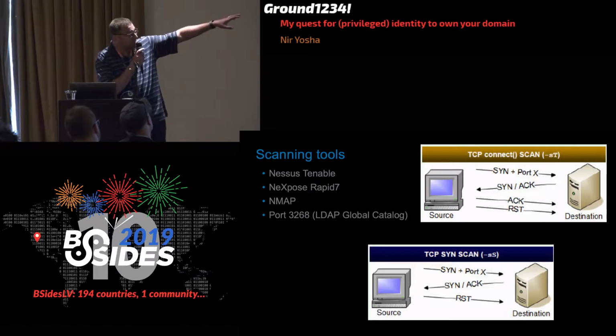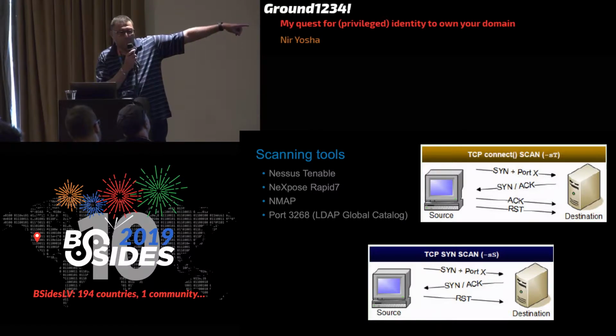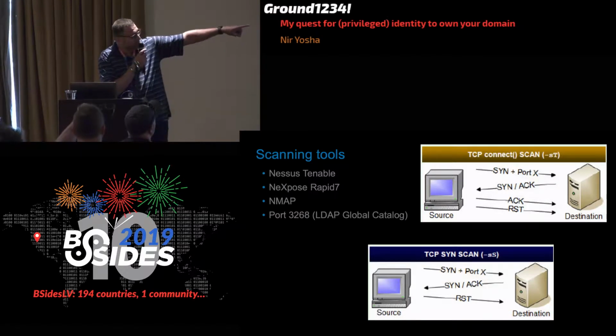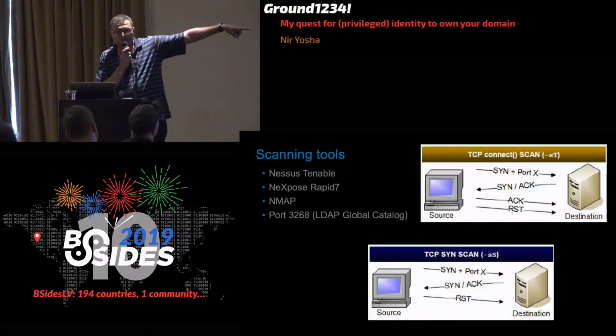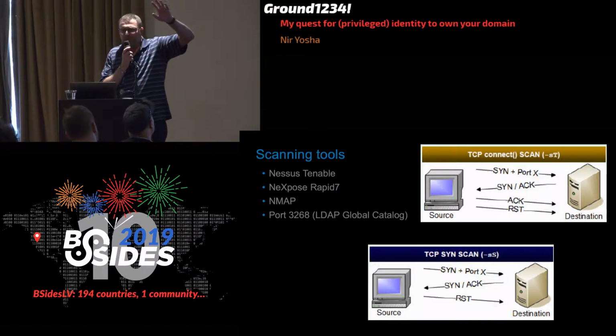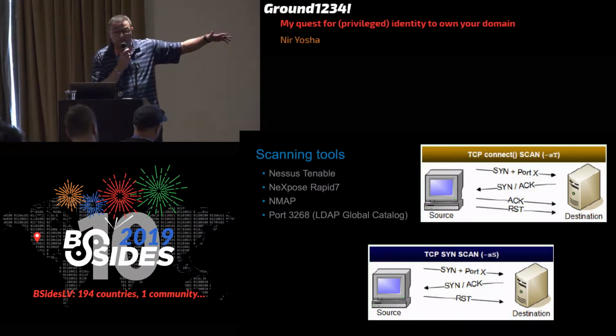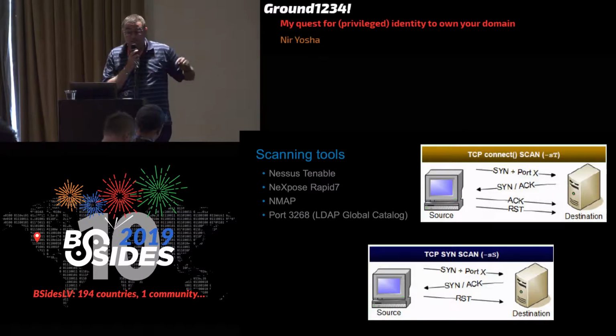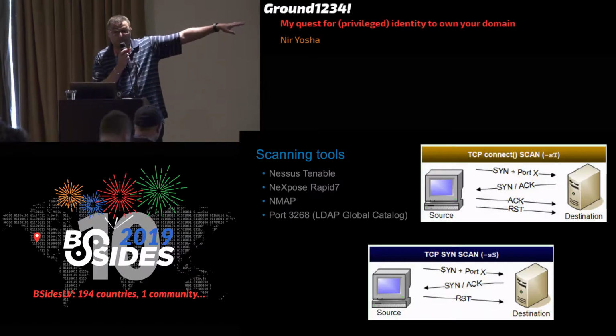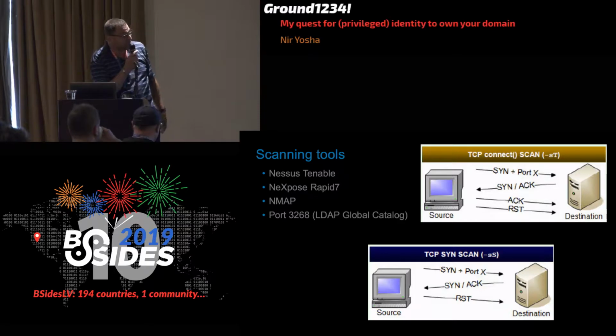So we all know the scanning tools. One port that uniquely identifies a domain controller is the LDAP global catalog. Anyone remembers which port number is the LDAP? 389. This one is not necessarily going to be Active Directory. It could be any other directory. But this port will help you to find the domain controllers in your network.